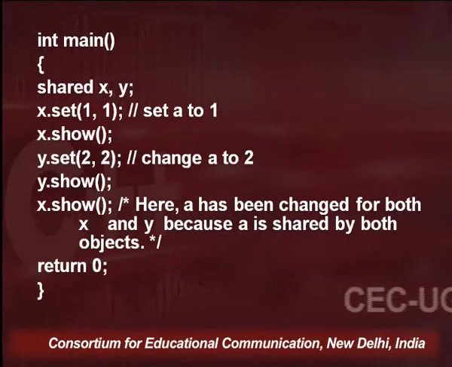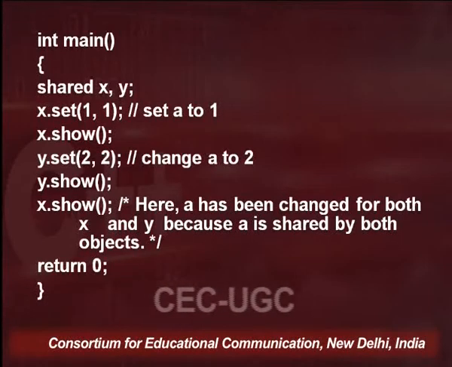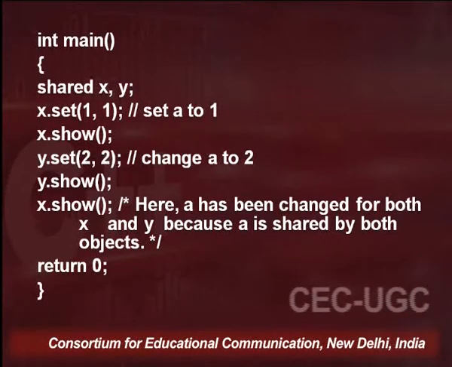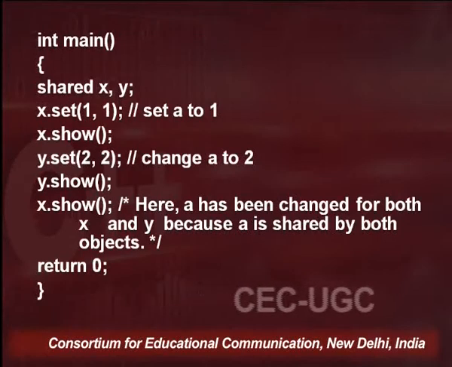Now what is happening in the next statement? I have written y dot set 2 comma 2. So now the object y is going to set the variables a and b with the value 2 for each, and I am repeating, a is static, b is a normal variable.